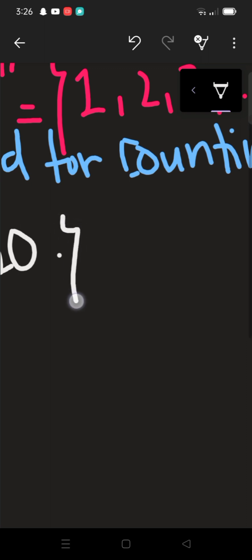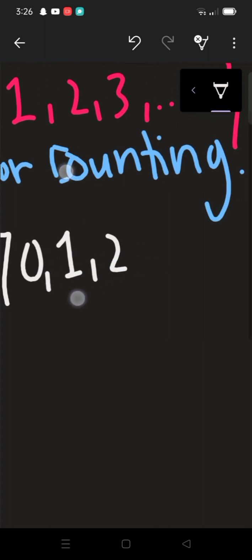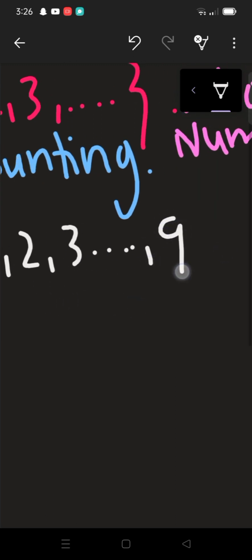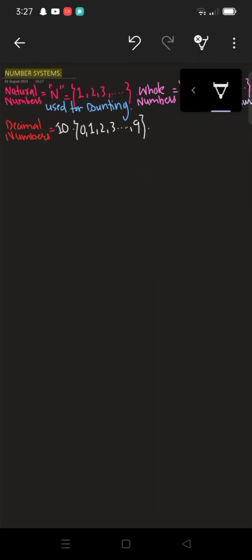Let me count. The decimal numbers start with 0. 0 is also a decimal number. 0, 1, 2, 3, and up to 9. So from 0 to 9, if we count the numbers, it gives us the counting of 10. So basically 0 to 9 all numbers are decimal numbers.